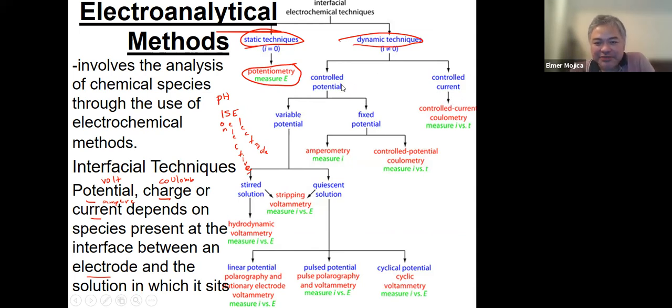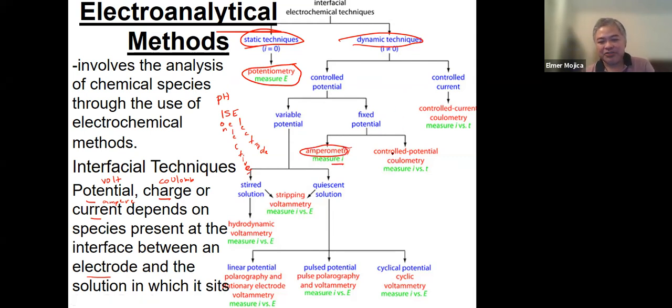For instance, if you have a controlled current, where you measure the current versus time, you call it controlled current coulometry. If you have a controlled potential, it can be a fixed potential or a variable potential. If you have a fixed potential and you're measuring the current at that fixed potential, that is amperometry. That's the measurement of the current.